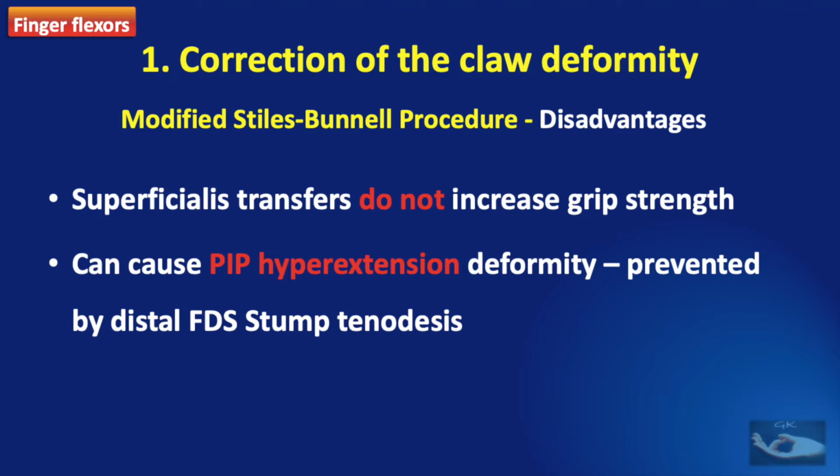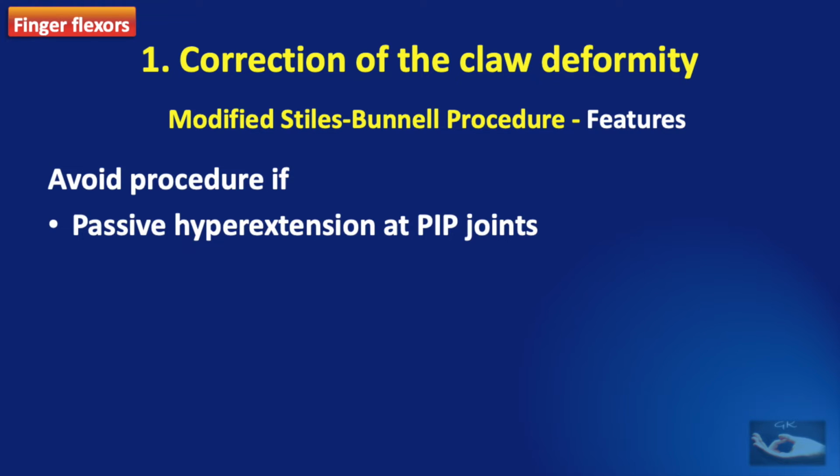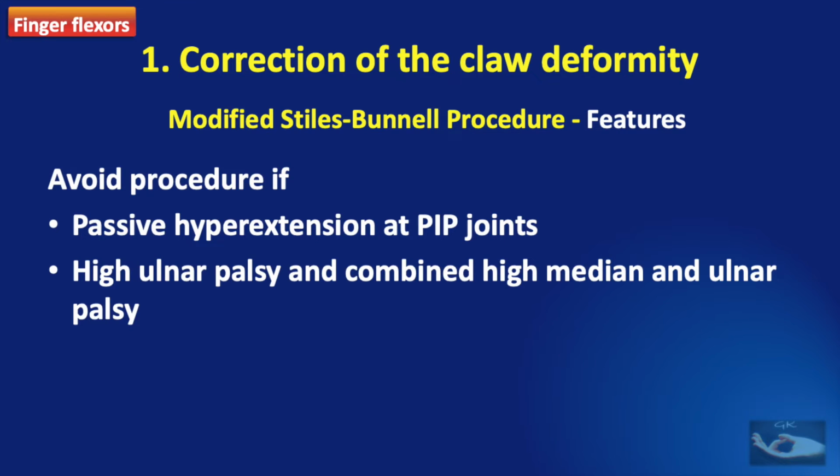This can be prevented by distal FDS stump tenodesis, that is, leaving behind a stump of about 1 centimeter of the FDS. But it is always safer to avoid the procedure of using the FDS for claw correction if there is passive extension at the PIP joints or in patients with high ulnar palsy and combined high median and ulnar palsies.